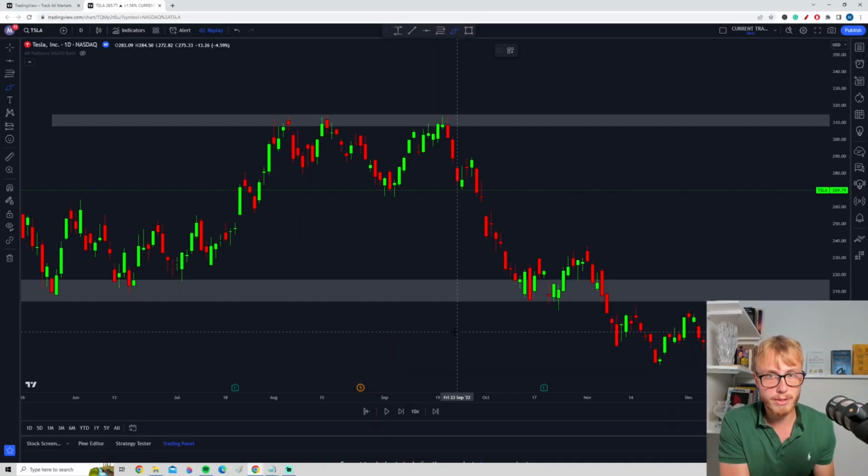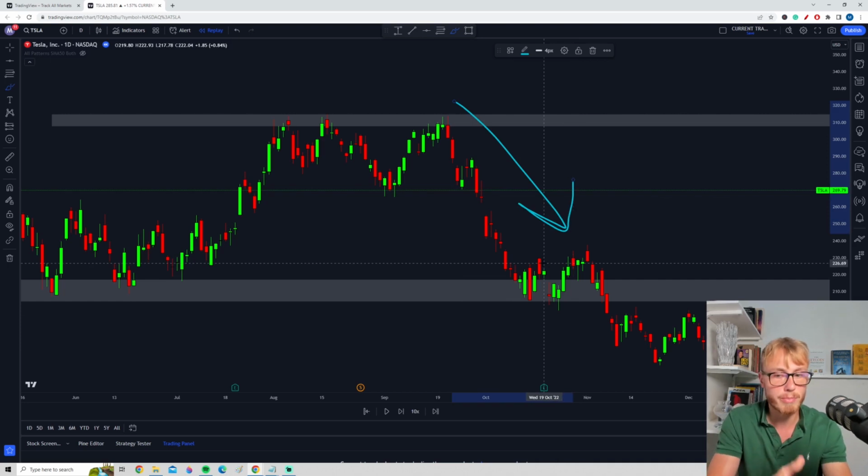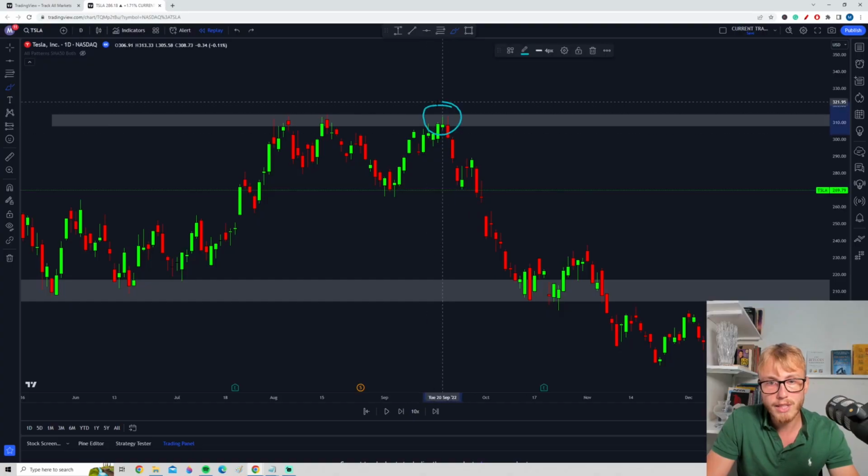Another very important principle you need to learn about is that strong moves or power moves away from these support or resistance levels make them stronger and more significant. As you can see, for example, right here, this was in September 2022 for the Tesla stock. You can see that when the price went up here to the resistance level, we got a strong reaction.